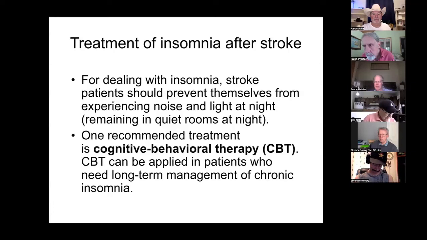Now, different people naturally require different lengths of sleep. There are what are called short sleepers and long sleepers. Short sleepers typically need 6 or fewer hours of sleep a night, while long sleepers will often require 9 or more hours.